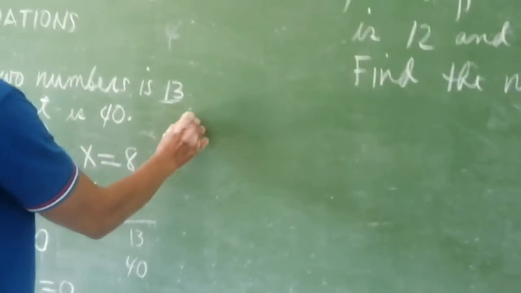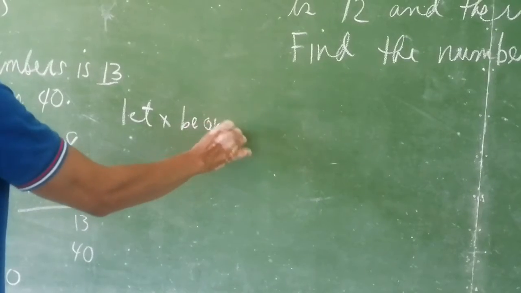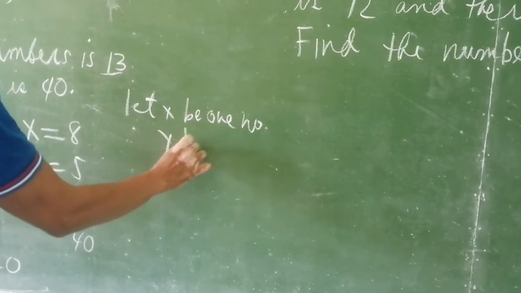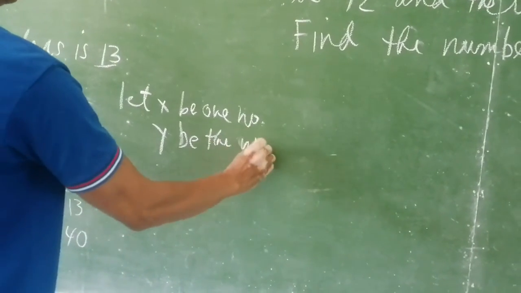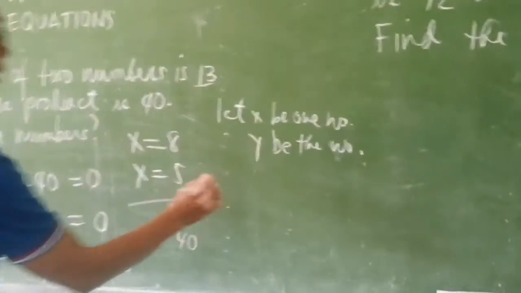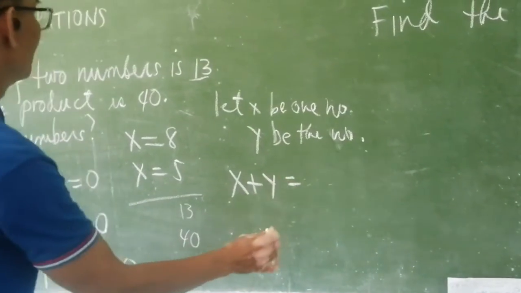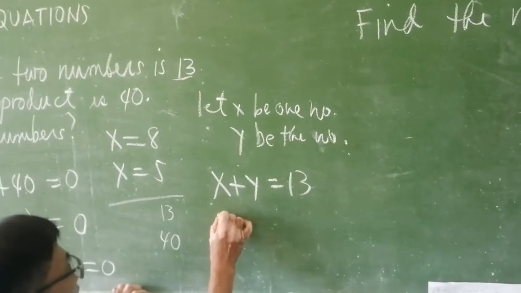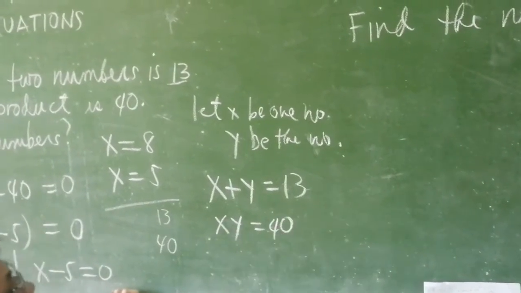So let x be one number and y be the other number. Okay, so making the equations, the sum x plus y is equal to 13, and the product x times y will equal 40.